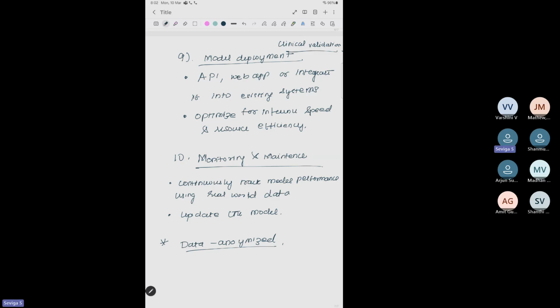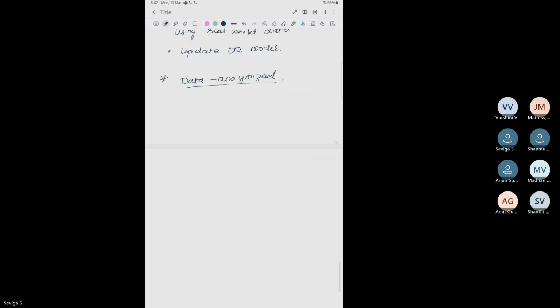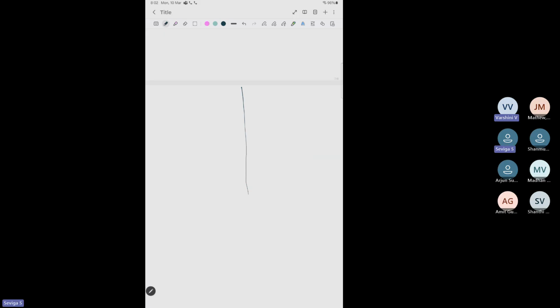If you have no questions, then we will go to the next class. What we did in the last class, can anyone recollect? Yes, ma'am. We started with naive Bayes and what it is.